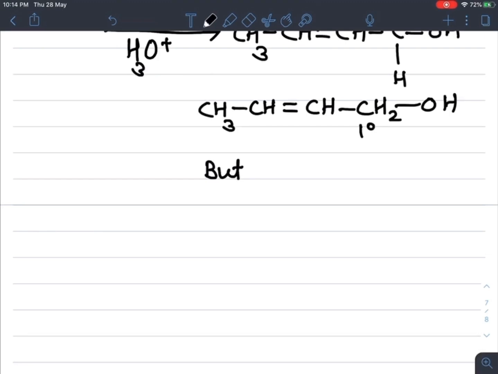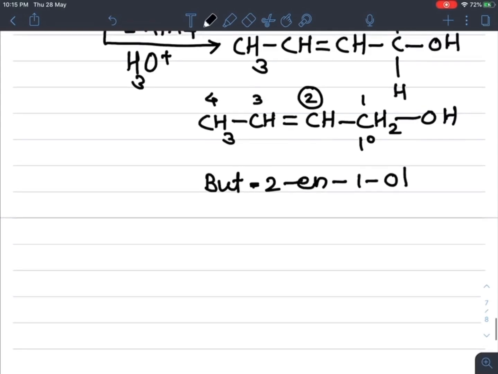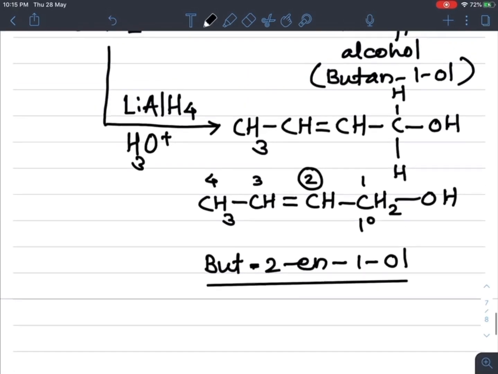If we number the chain from this side 1, 2, 3 and 4, at position 2 a double bond is there, so but-2, and at position 1 an alcohol group is there, OL. So finally we get but-2-en-1-ol as the final product, a primary alcohol formed by using the reducing agent LiAlH4.